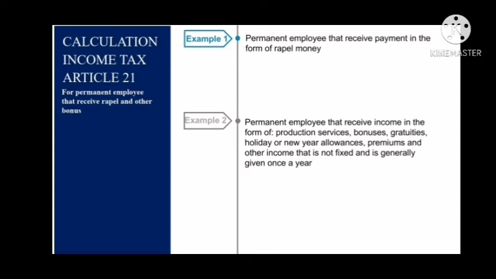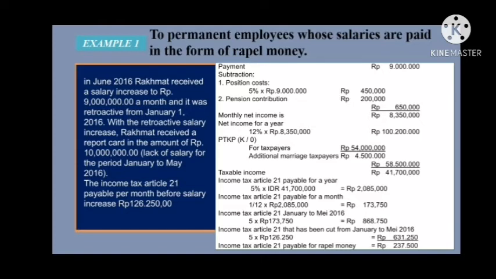Okay, then the next topic is calculation of income tax article 21 for permanent employee that receive rapel or other bonus. Example number 1 is a permanent employee whose salaries are paid in the form of rapel money.